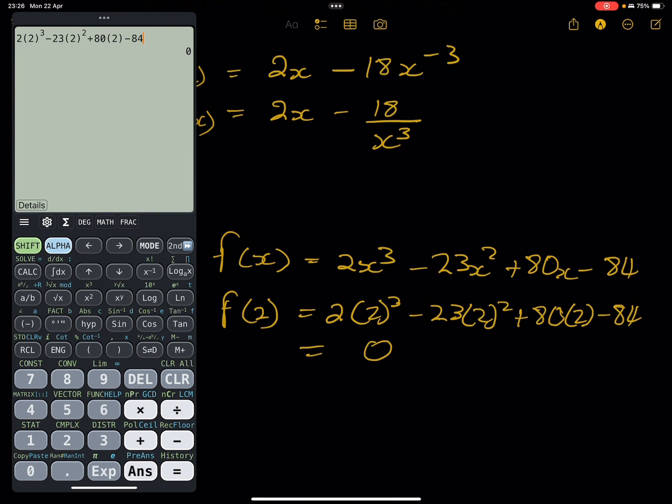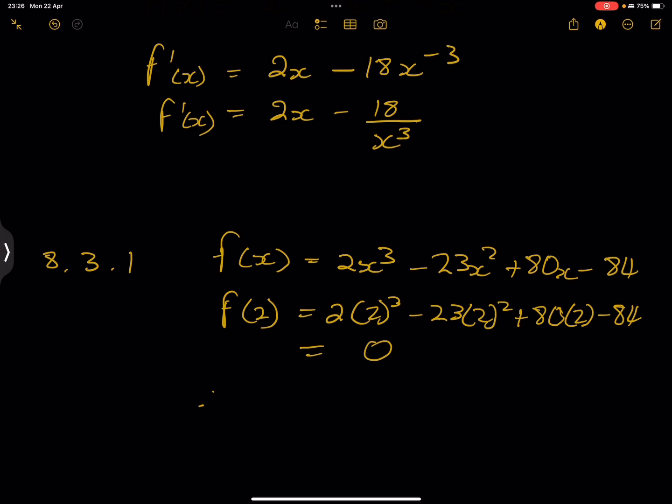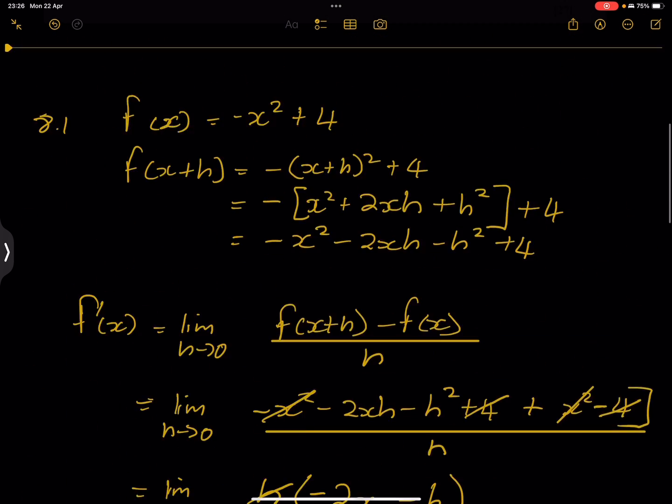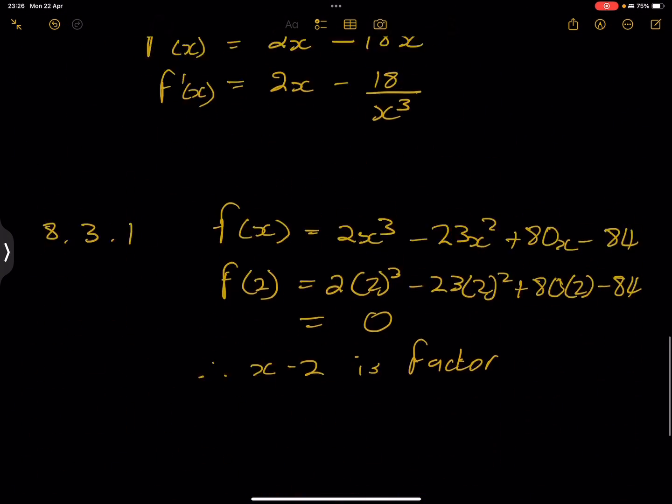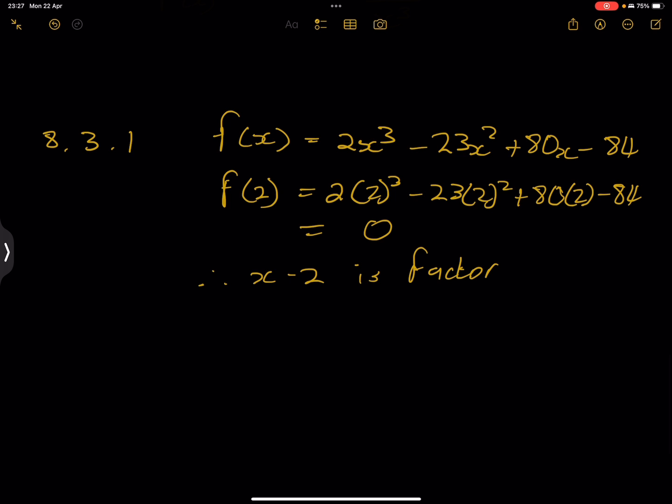It gives us 0. Therefore, it means x minus 2 is a factor. So they've made the work easier for us by finding the factor, so we'll be able to factorize much easier. So they say to us, hence or otherwise factorize f of x fully, right? So let's try and factorize. Okay, so 8.3.2.